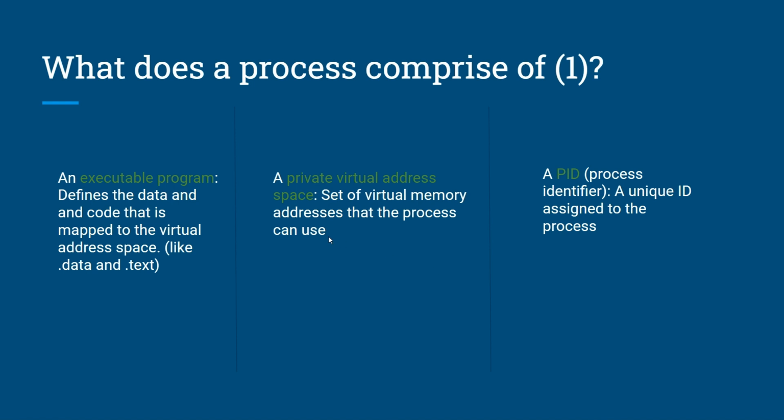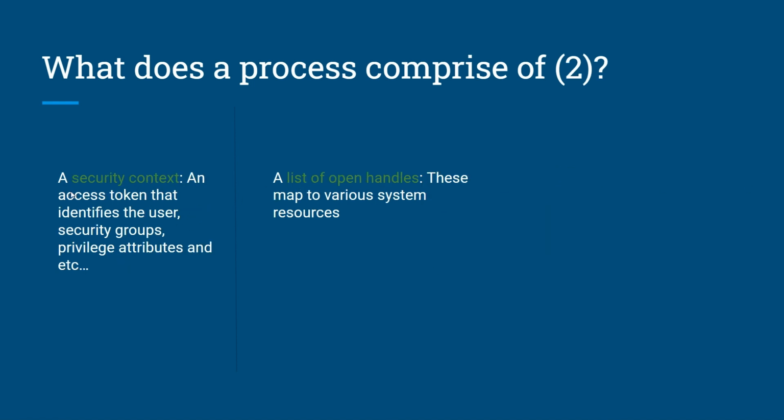Same with Linux. And there's a security context. Your process has an access token, which tells the operating system essentially what privileges it has. So your process should not be able to access administrator system memory address spaces, or request a file it does not have access to.